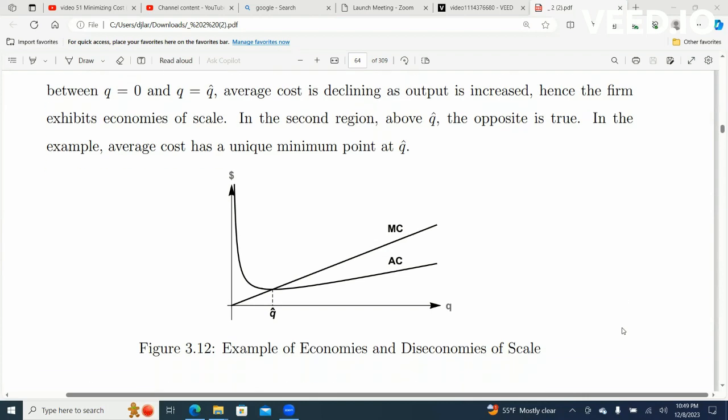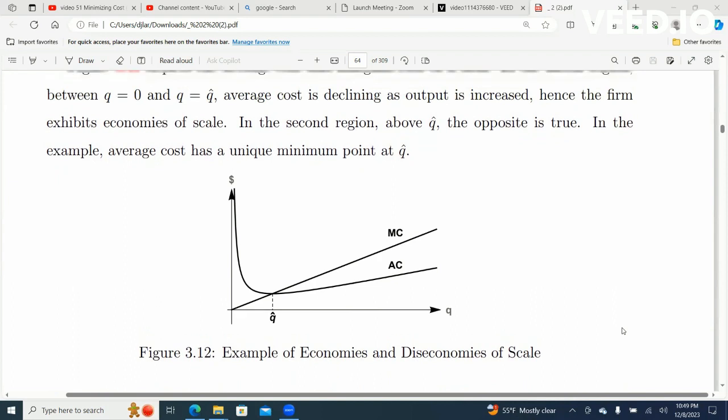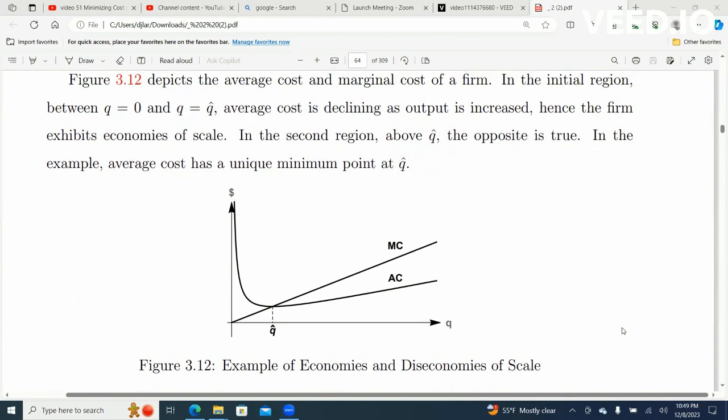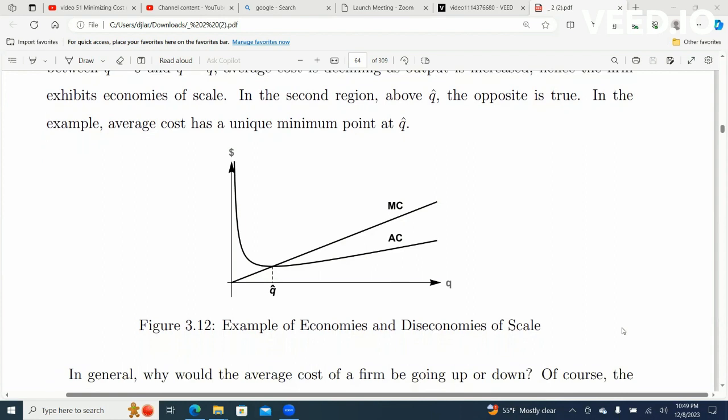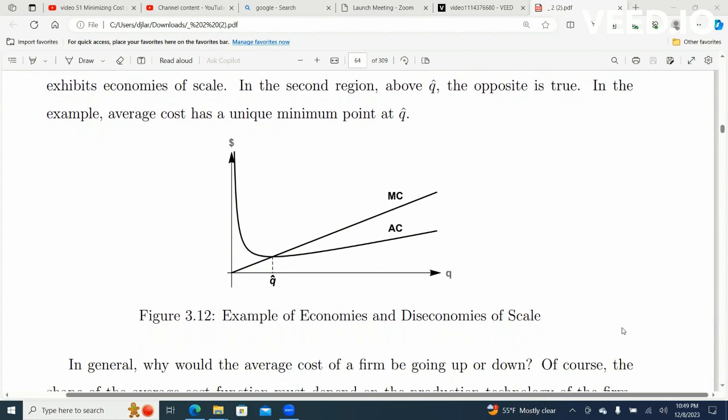Figure 3.12 depicts the average cost and marginal cost of a firm. In the initial region, Q equals 0 to Q hat, average cost is declining as output is increased, hence the firm exhibits economies of scale. In the second region, Q hat onward, the opposite is true.